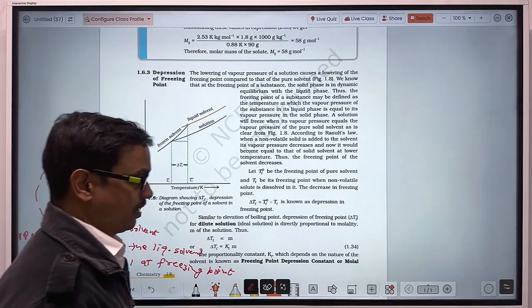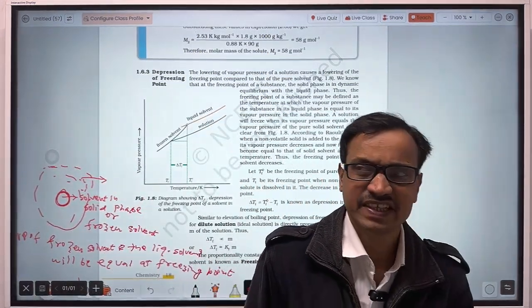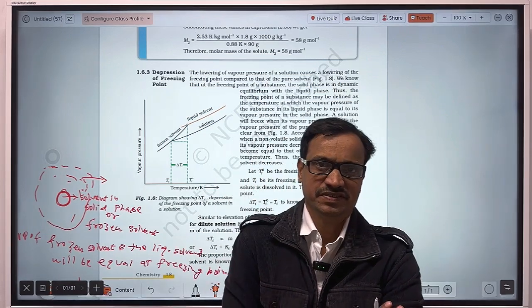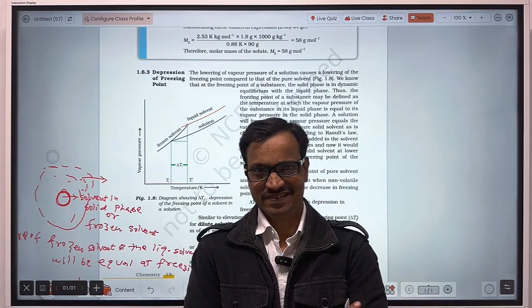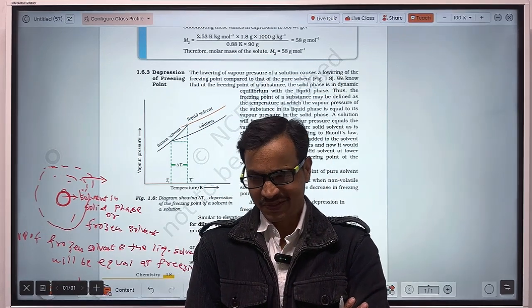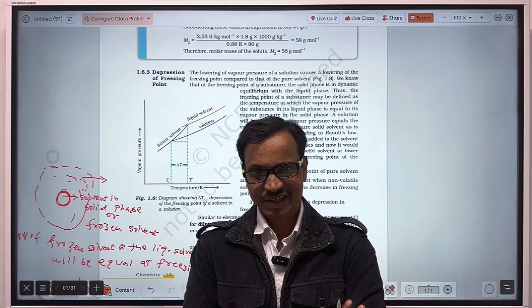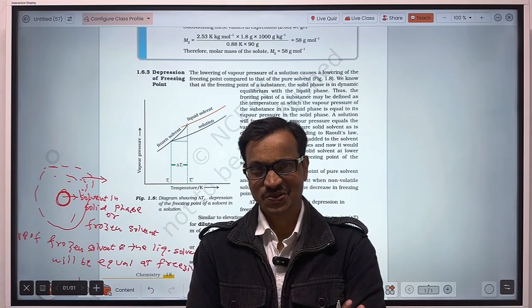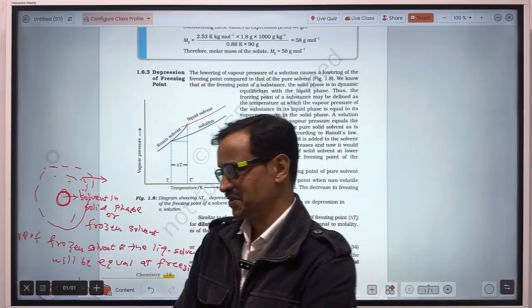Okay, so when we increase the temperature, the vapor pressure increases. The vapor pressure of the liquid as well as that of the solid will also increase.